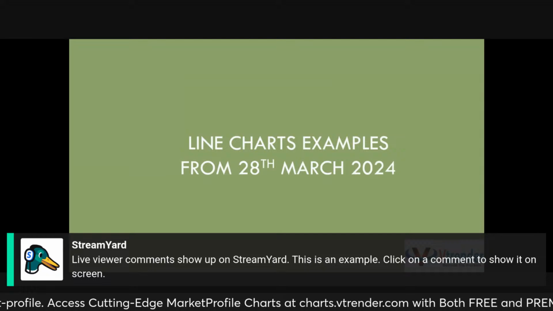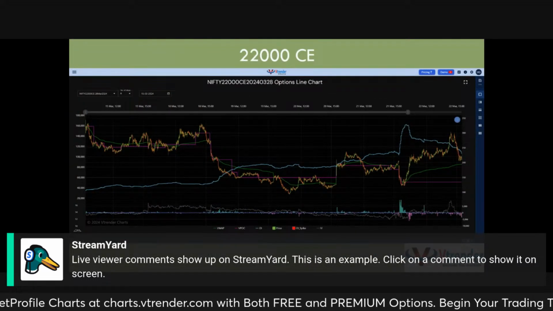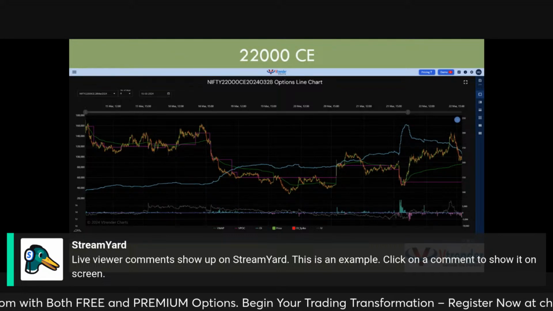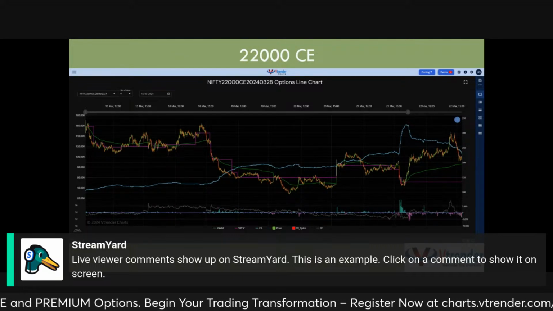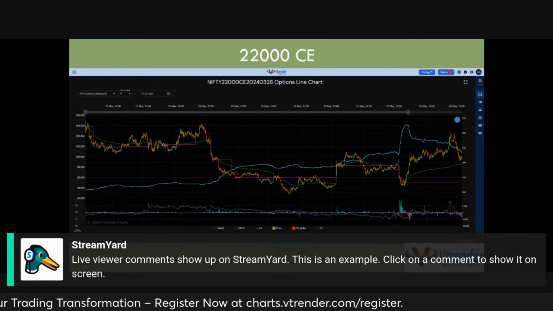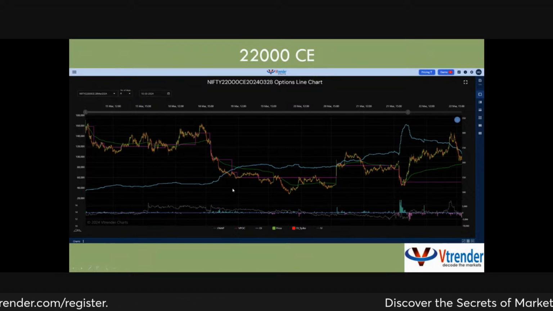We had a session before this, and we had seen how the 22,000 call had stalled right at 300, which was a POC from 18th of March. Because this was the last week's expiry, last month's expiry, we don't have them anymore on VTrender charts. So I have taken screenshots of them and I have posted them for us to have a look and study the same.